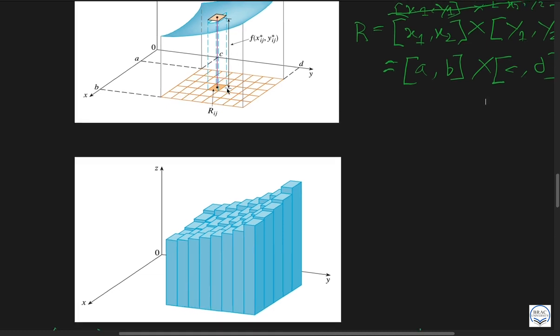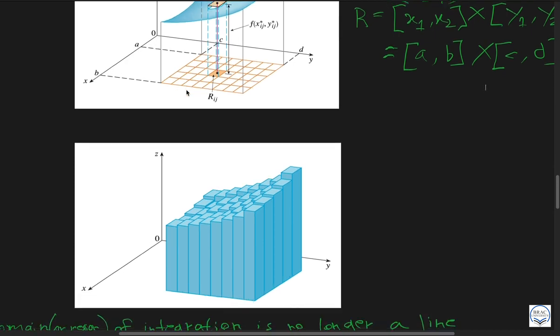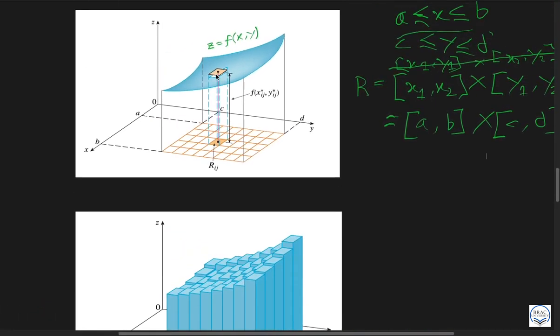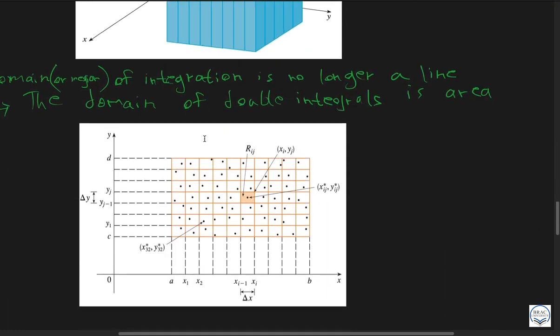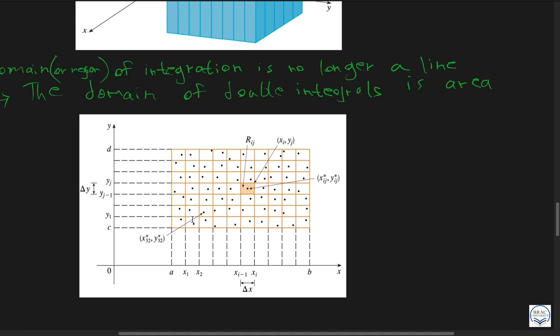To find the height of each of these rectangular columns, what we can do is take any point in this rectangular region and find the value of the function at that point. Like here, this is one of the points, and here this is another.